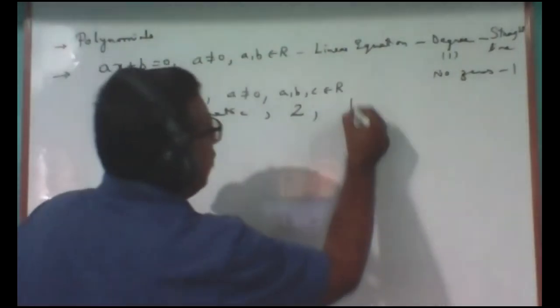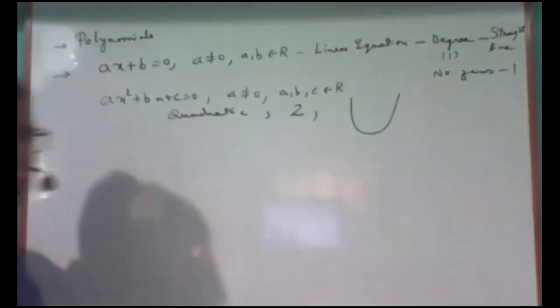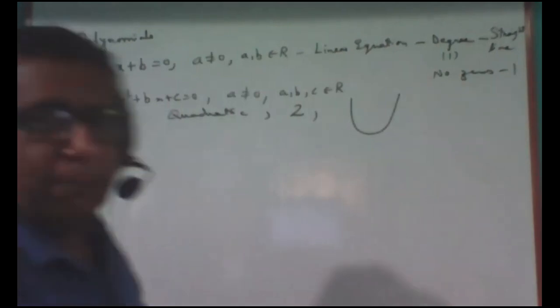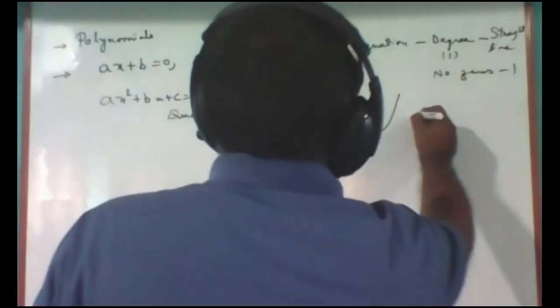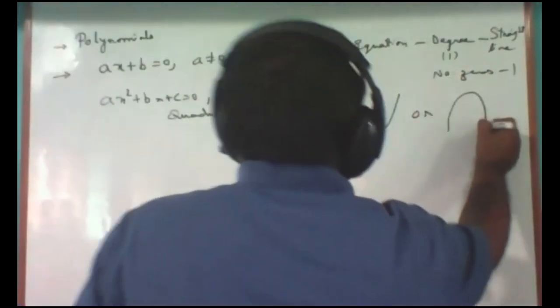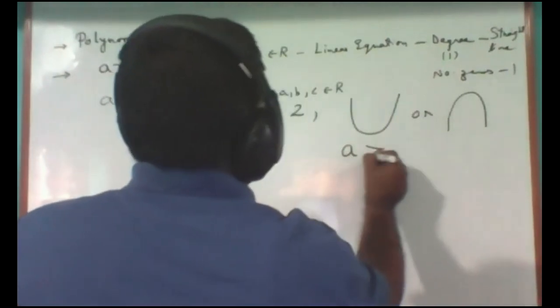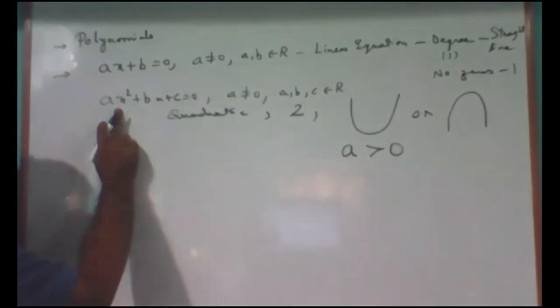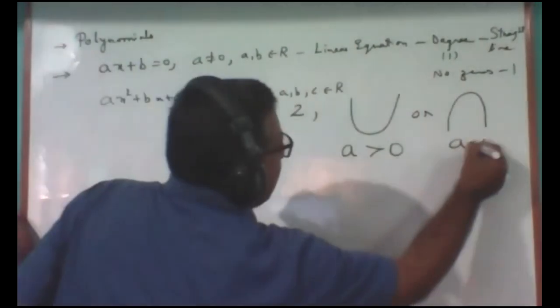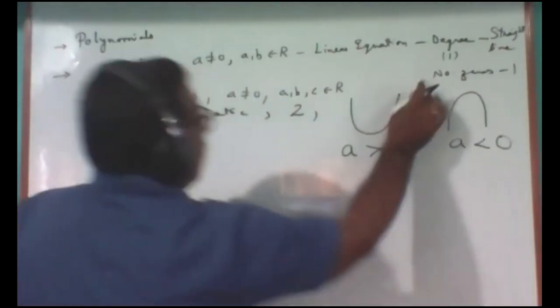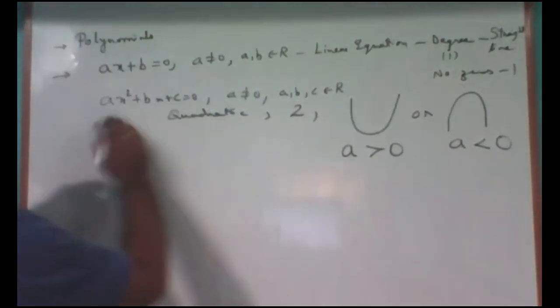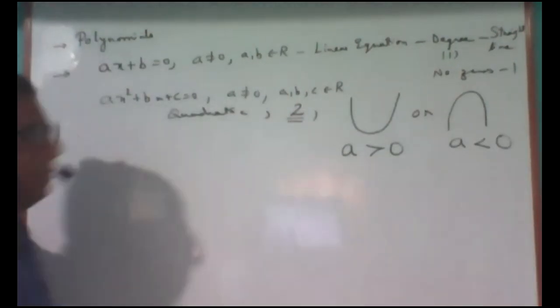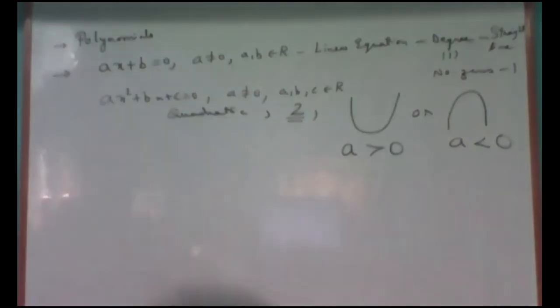It will be a parabola. Either it will be U-shaped, upward opening, or downward, depending upon a. a is the coefficient of x square. If a is greater than 0 it opens upward, and if a is less than 0 it opens downward. What will be the number of zeros? Whatever is the degree will be the number of zeros. Number of zeros will be 2.